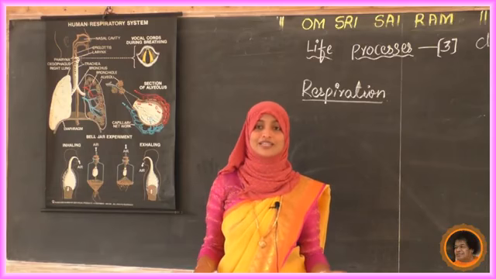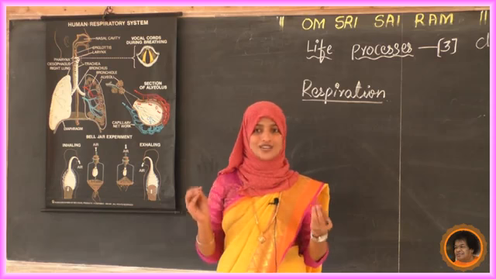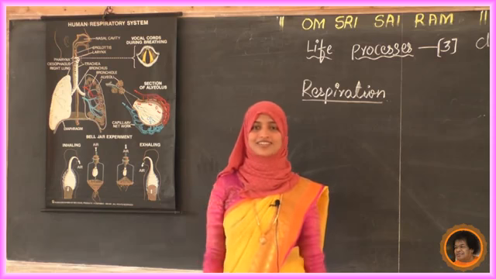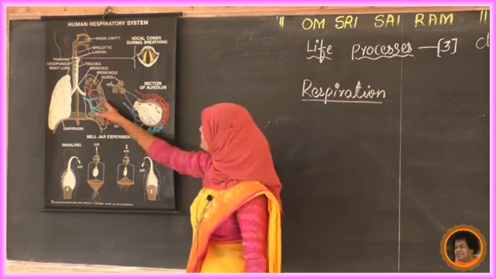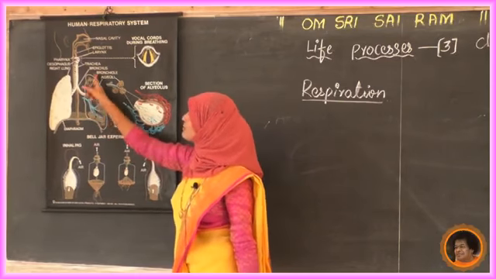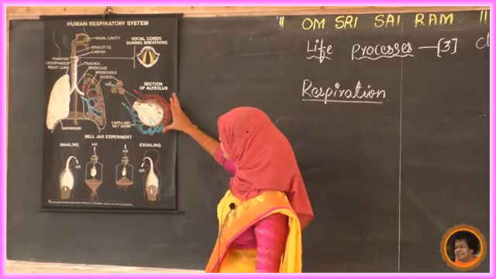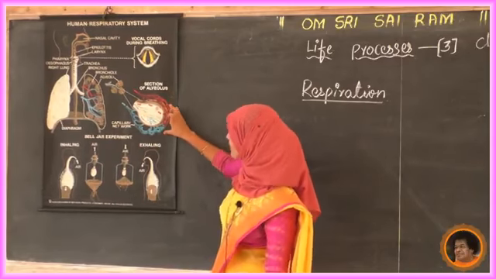Blood with carbon dioxide is bluish purple. If it has oxygen, it gets red color. That takes place in the alveoli. They are surrounded by blood capillaries. Here they have given the section of alveoli.